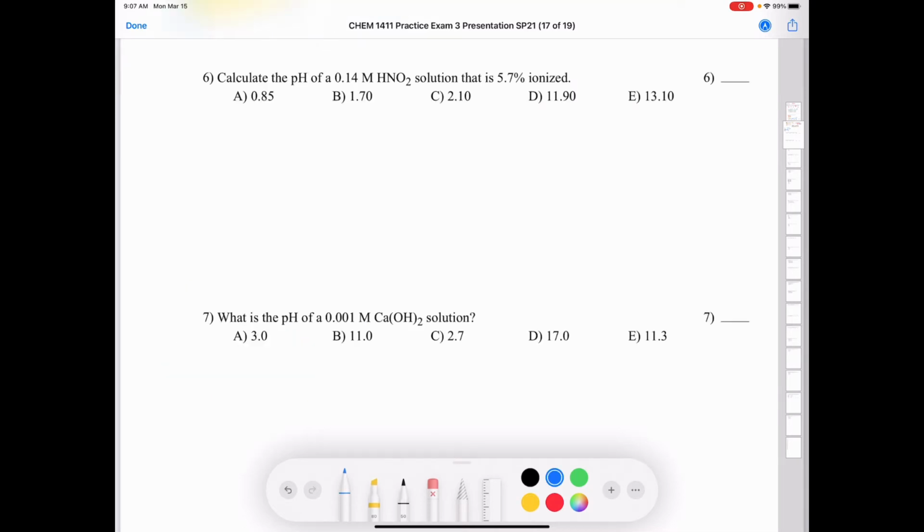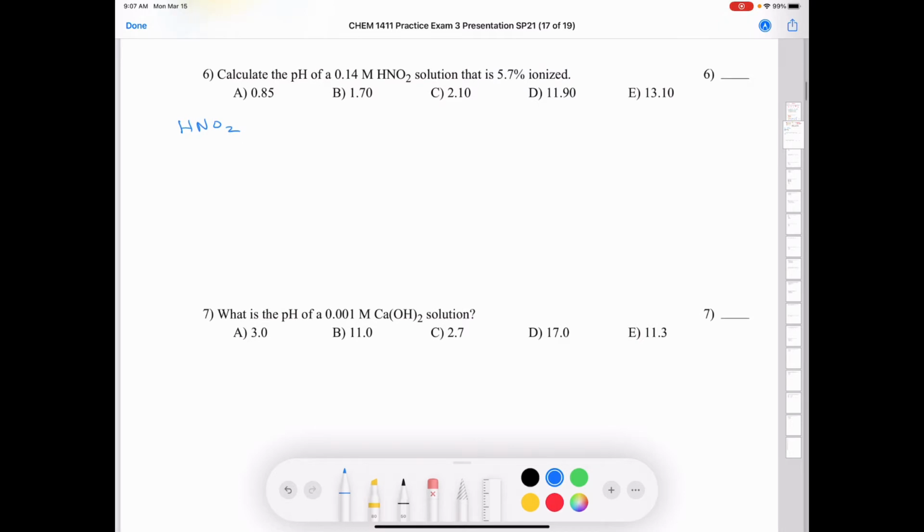Question number 6, calculate the pH of a 0.14 molar nitrous acid solution that is 5.7% ionized. Nitrous acid, HNO2, is not going to ionize completely because it is not a strong acid, it is a weak acid. So if we write out our equilibrium for our nitrous acid, we have our nitrous acid, which we're going to put in water, and it's going to partially dissociate to give us hydronium ions plus nitrite ions, like that.